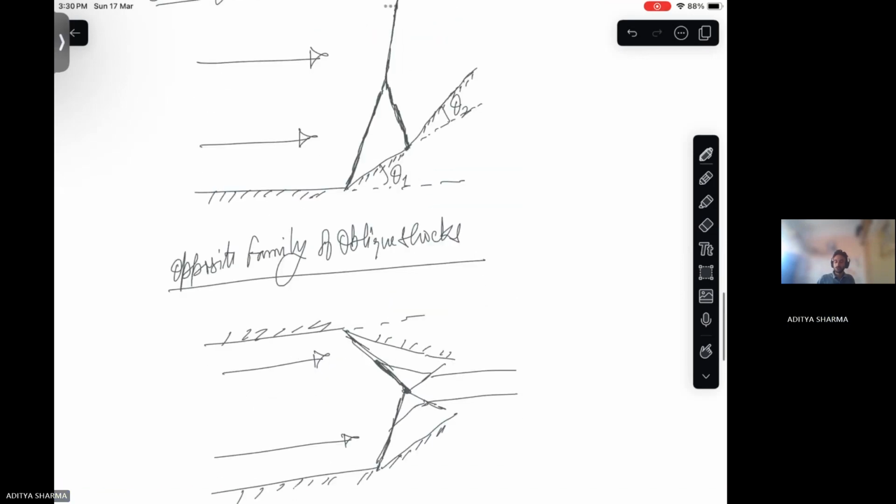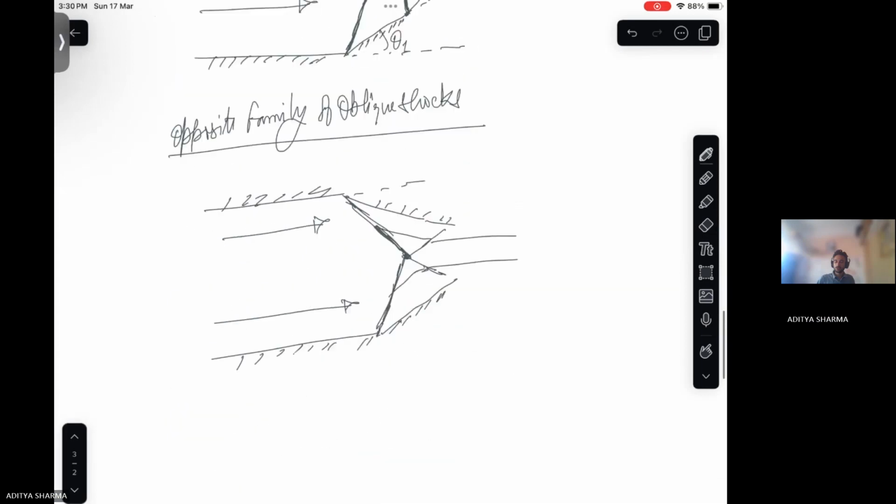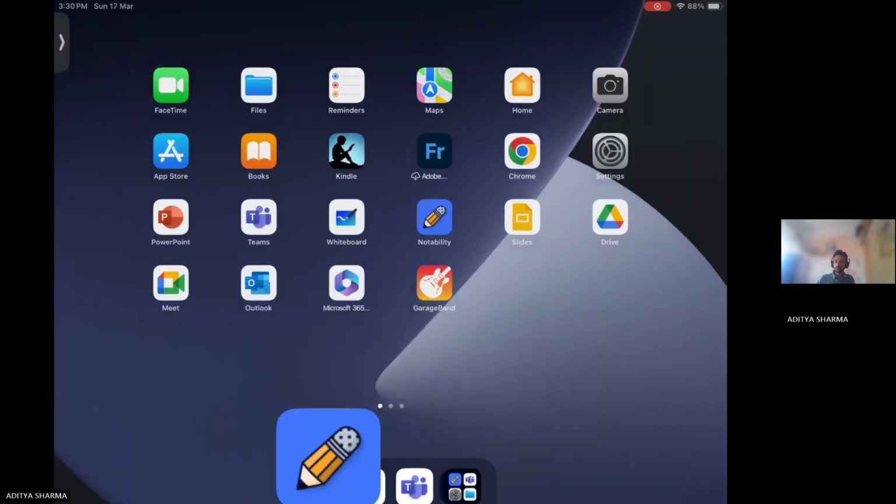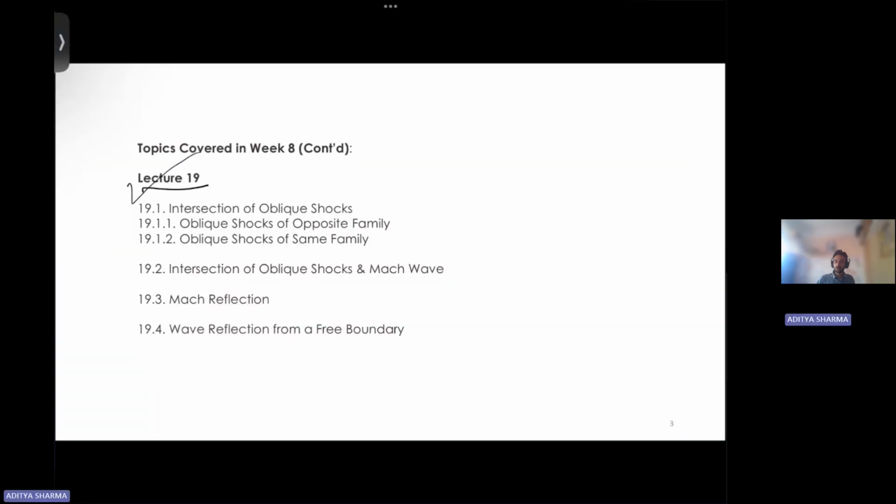So we saw the same. There's more discussion into it, but we'll restrict ourselves to this much only for this session, because it has been discussed fully in the lectures.